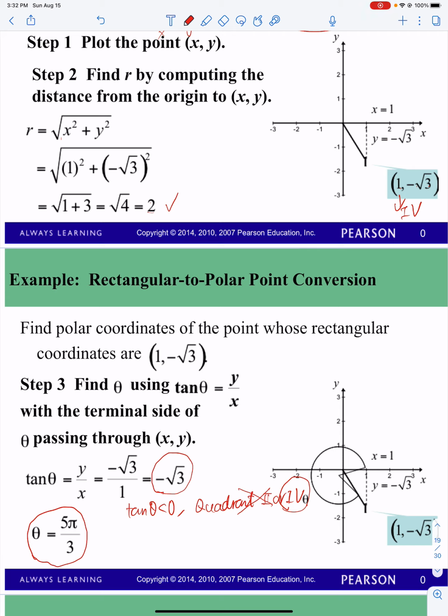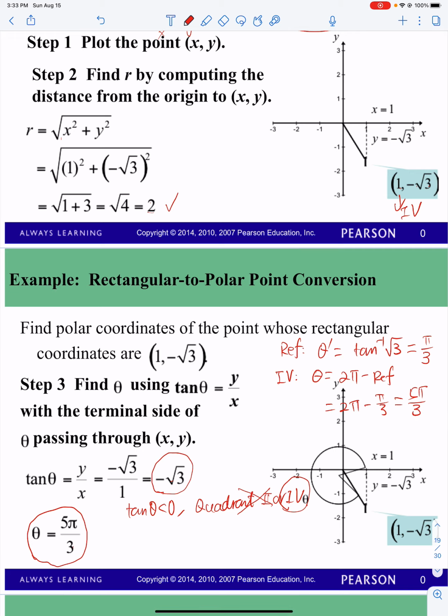Then how could you find this? What is the reference angle? Reference angle theta prime is tangent inverse of the positive part. The reference angle is always acute, so that is pi over 3. Then because in quadrant 4, what will your theta be? You always do 2 pi minus the reference angle. So it's 2 pi minus pi over 3, which is 5 pi over 3.